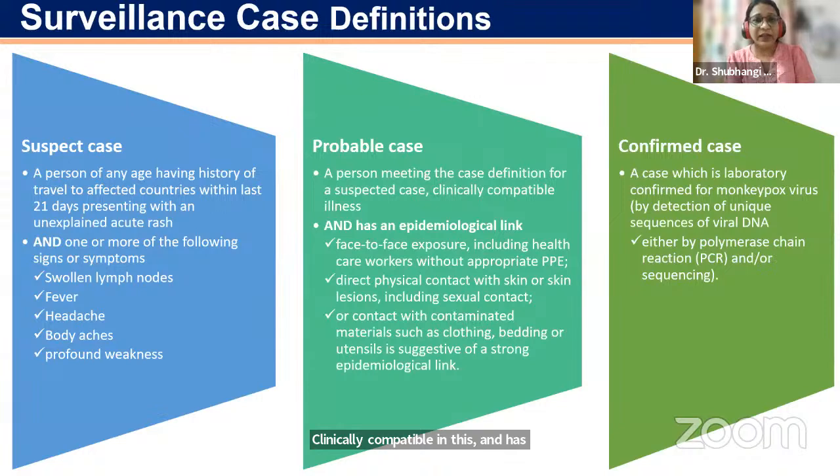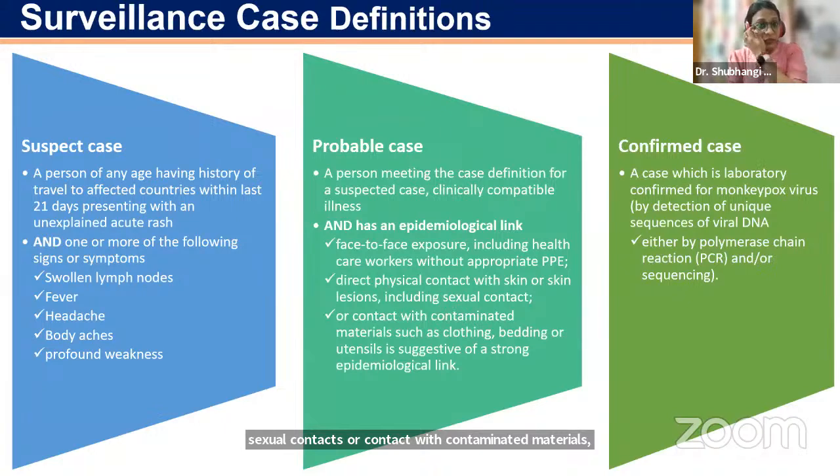How do we define an epidemiological link? Either there is face-to-face exposure, very close contact, including healthcare workers without appropriate PPE, or direct physical contact with skin or skin lesions, including sexual contact, or contact with contaminated materials such as clothing, bedding, or utensils.